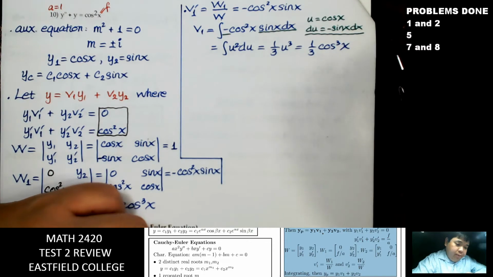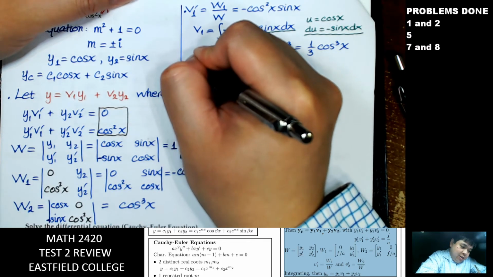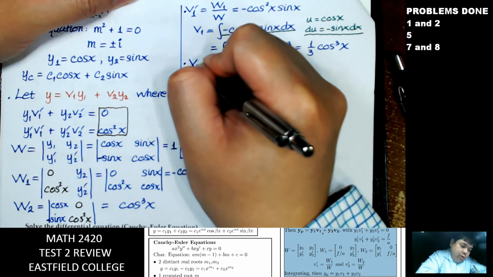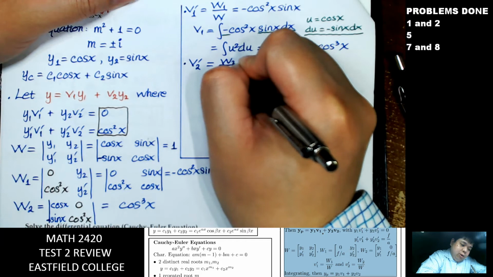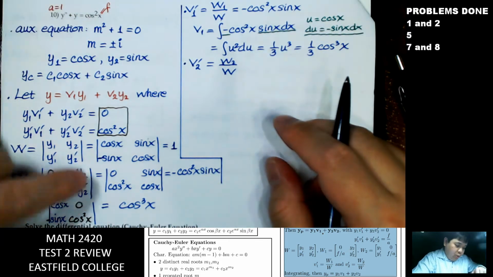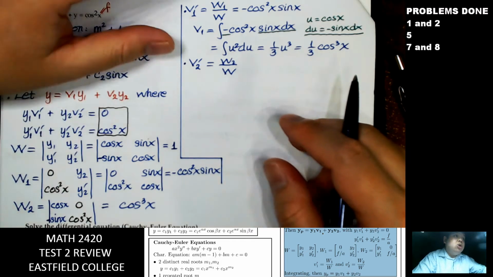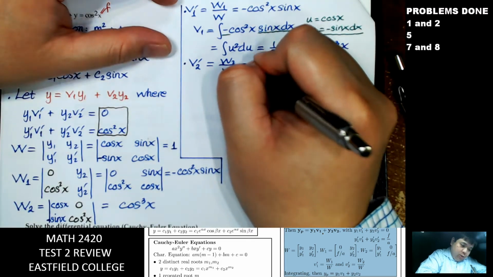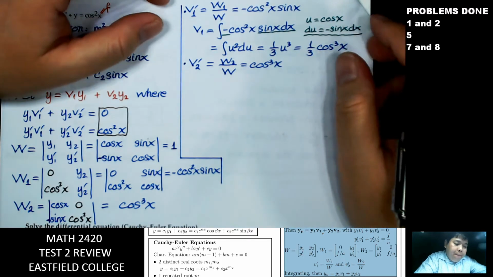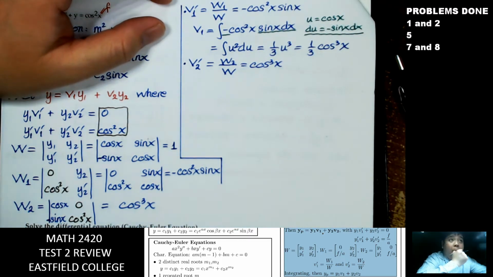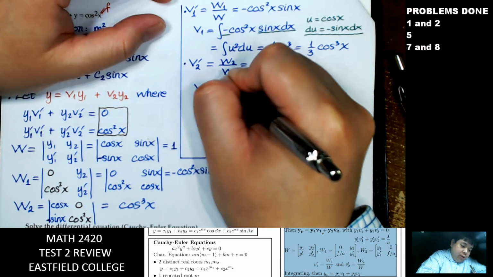Right. Next, v2 prime is w2 over w. W2 is this, w is just 1, so we just have cosine cube. Right, and we integrate to get back to v2.